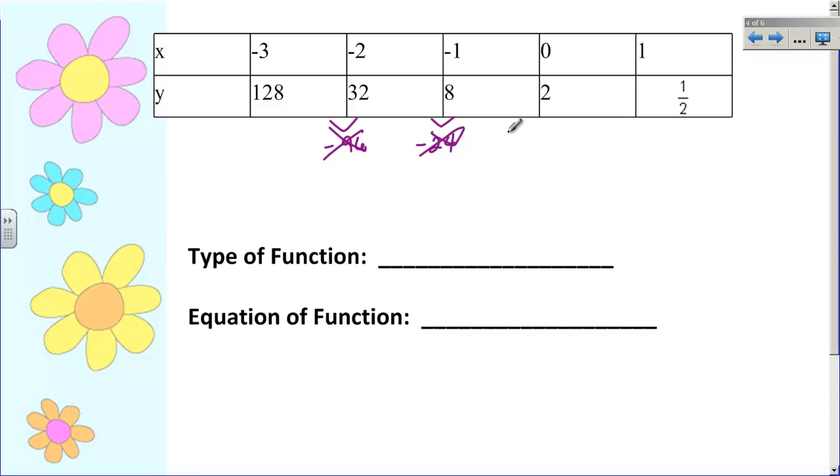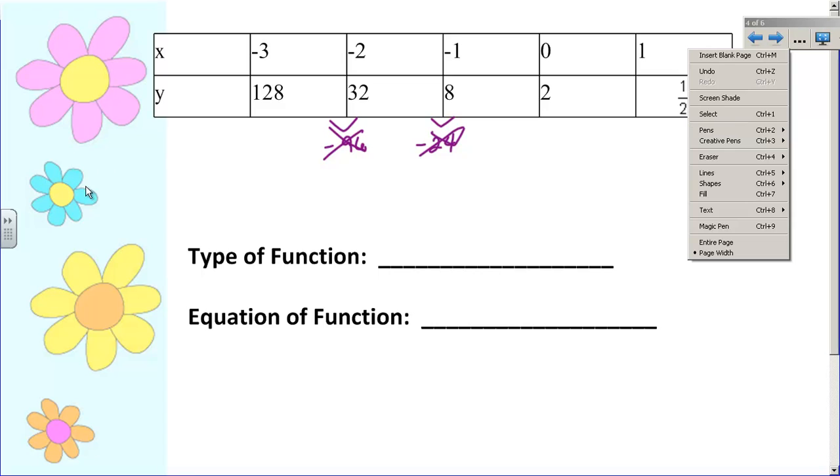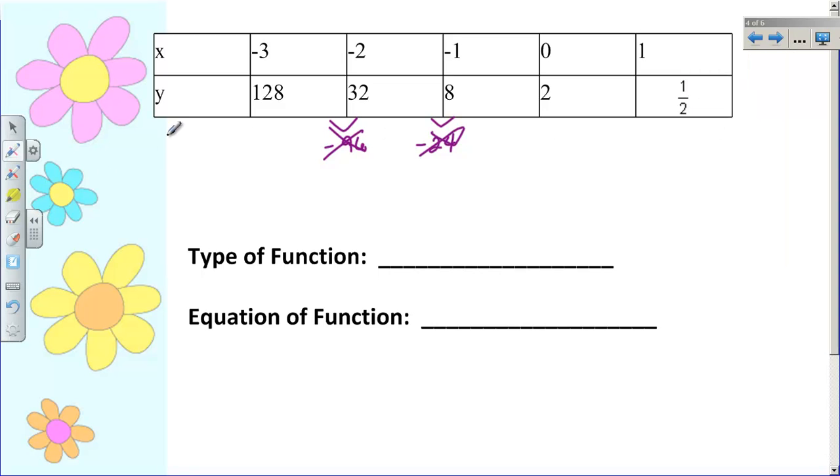I'm going to start with the smaller numbers first, and I'm going to change colors because it will help y'all to see that I'm writing something different. I'm going to start with these numbers first because it's easier to see. To get from 8 to 2, what is my constant factor going to be? Well, 8 divided by 4 is 2. So it's going to be divided by 4, but I want a constant factor, so I want to be multiplying.